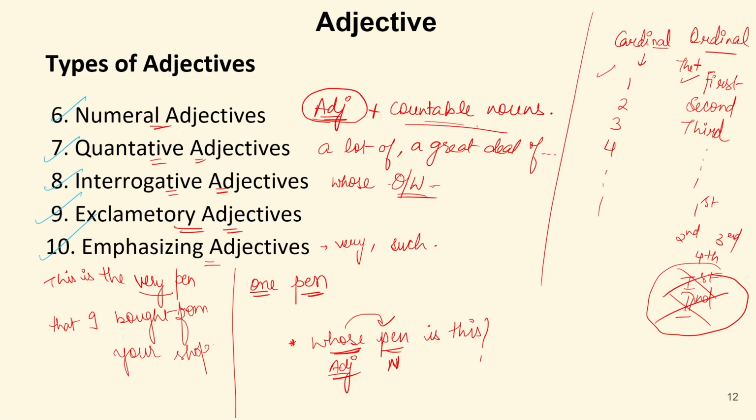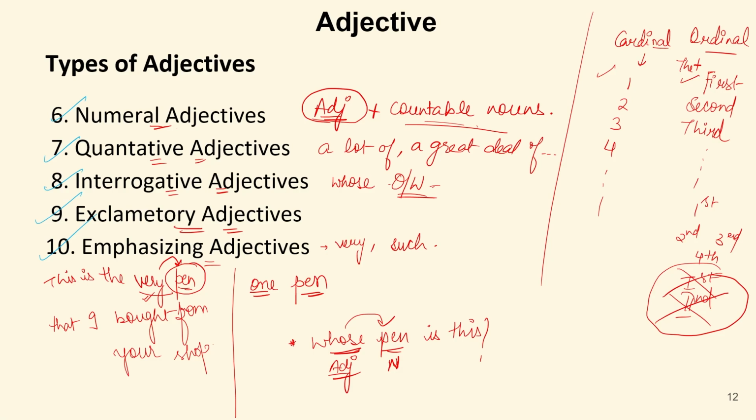In fact, we are using this word very to emphasize this pen, to state that this is the same pen. It is emphasizing that this is the pen only which we are talking about. It means this is the only pen, this is the very pen, this is the same pen. So here the word very is used to emphasize this noun. So this is called an emphasizing adjective. Here very doesn't mean the quantity of something, like when we say very good. Here very means something else. So the word very is an emphasizing adjective.